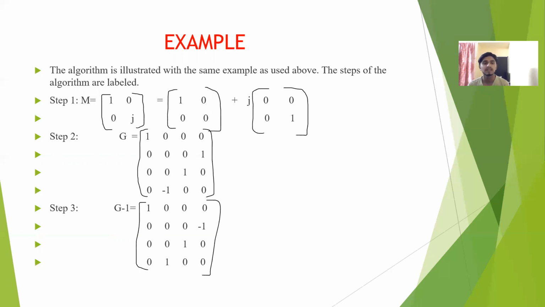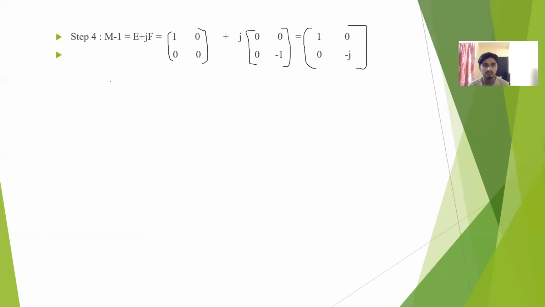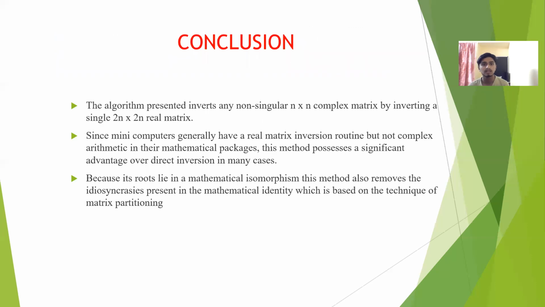Step 3: G inverse is computed. Step 4: M inverse is equal to E plus jF, which is equal to [1, 0; 0, 0] plus j times [0, 0; 0, minus 1], equal to [1, 0; 0, minus j].